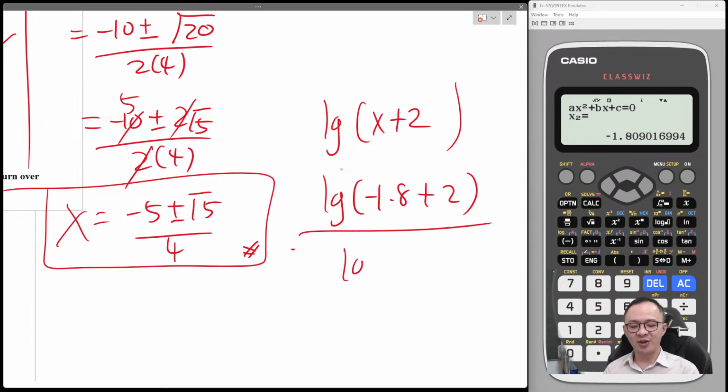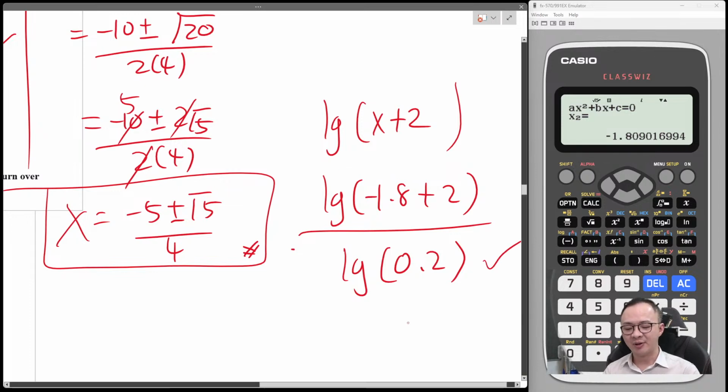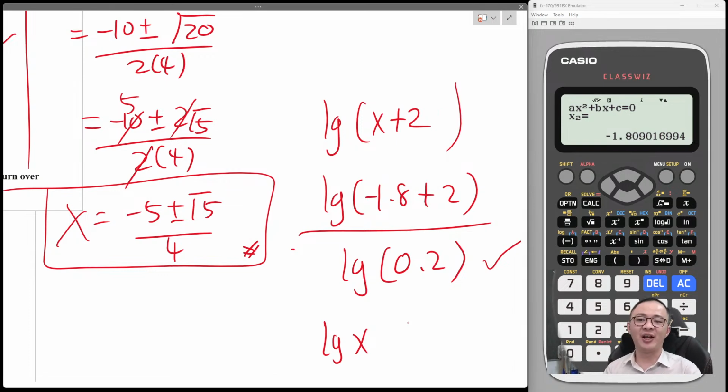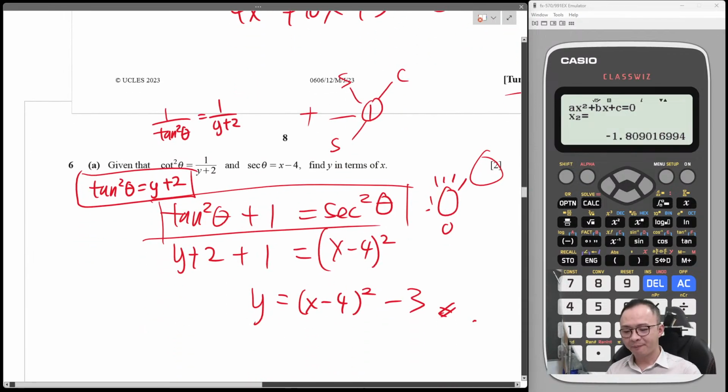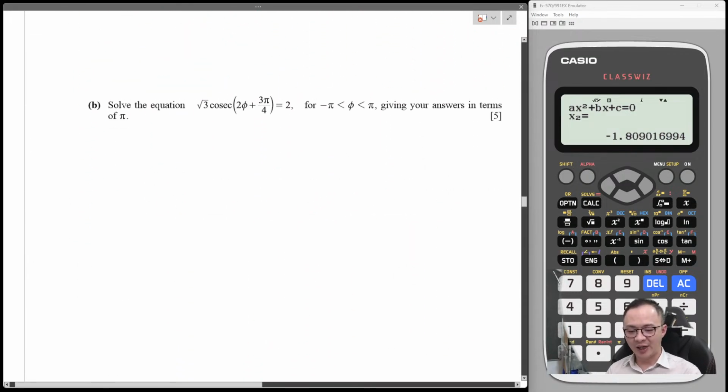This log is still positive 0.2, isn't it? So after if you sub the negative x value into it, you still get positive, then it's acceptable. But sometimes if you only have log x, then we will automatically reject the negative value lah. Because negative value will give you undefined log, isn't it? But in this case, I think we can accept. Okay? Yeah, we done already.